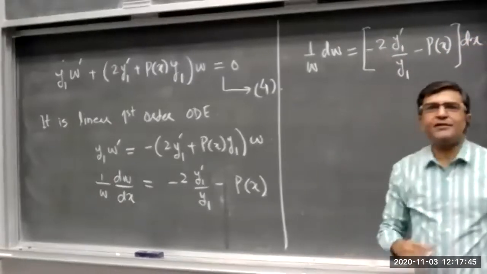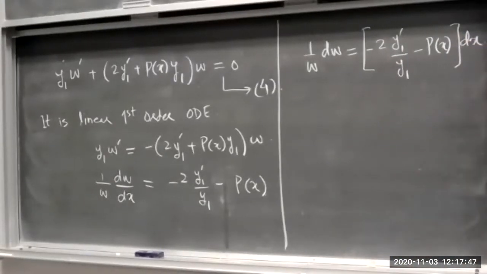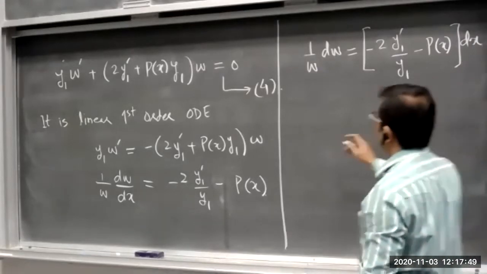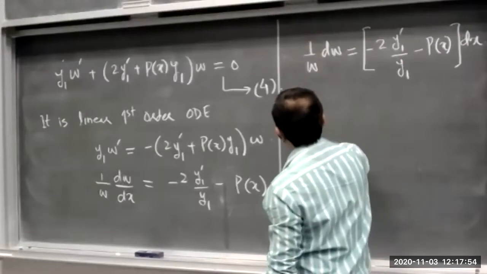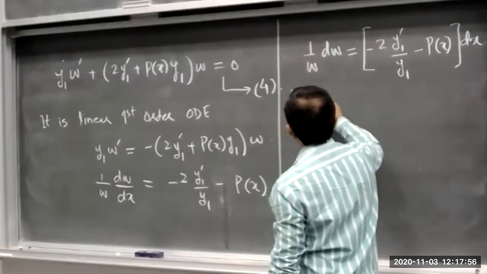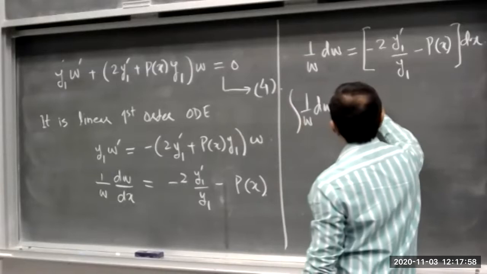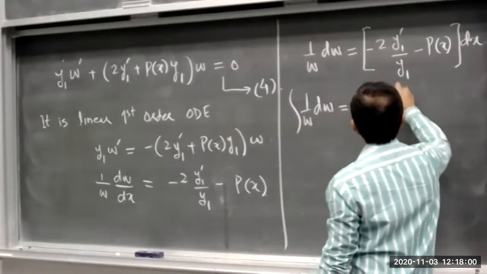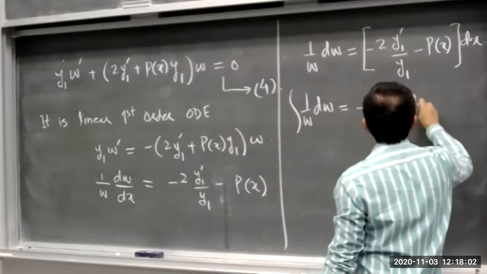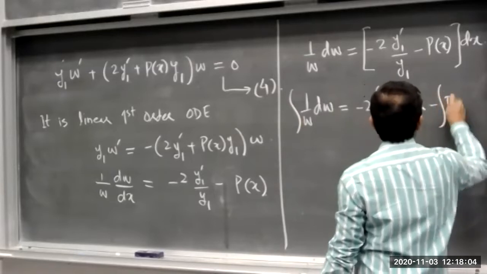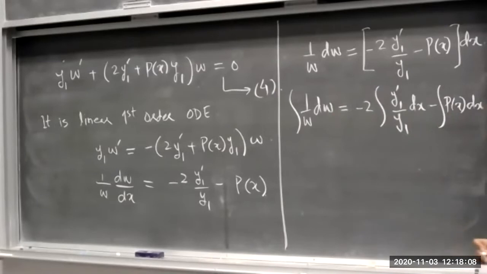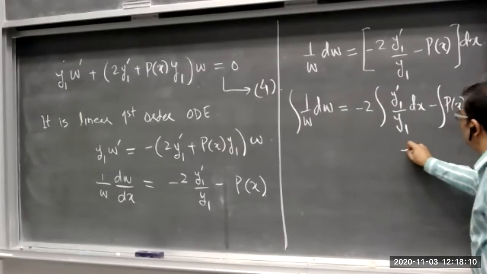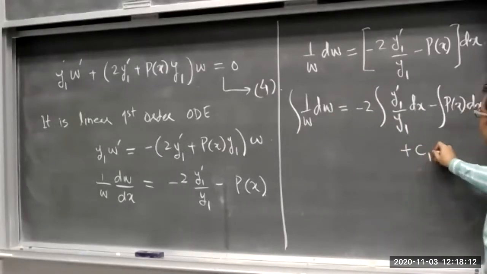Now, the variables have been separated. We can now integrate on both sides. Integral of 1 over w dw is equal to negative 2 integral of y1 dash over y1 dx minus integral of p of x dx, plus a constant of integration, you can say c1.